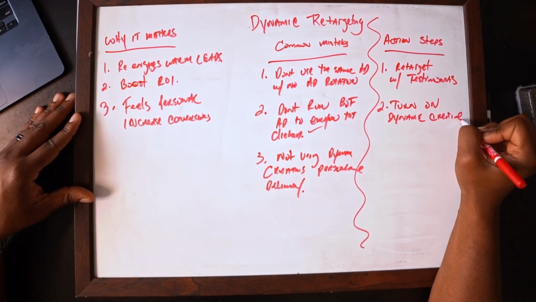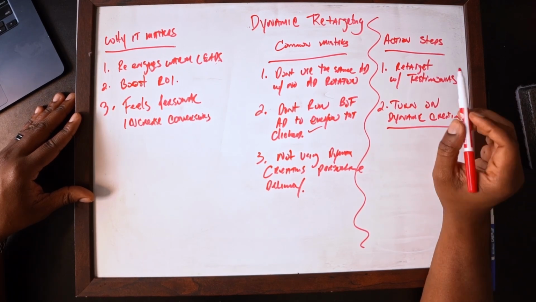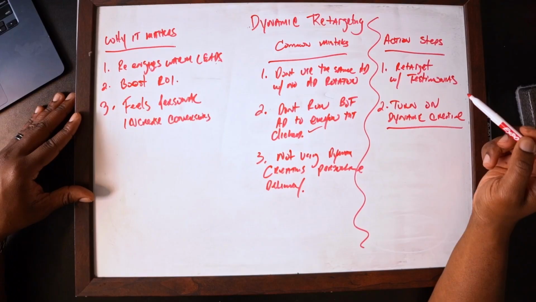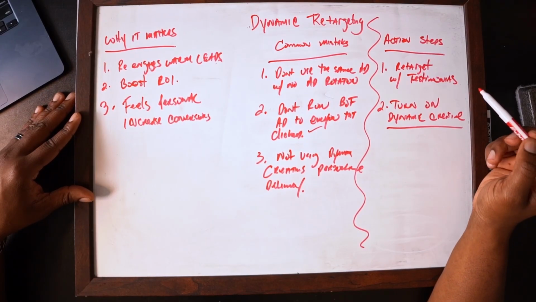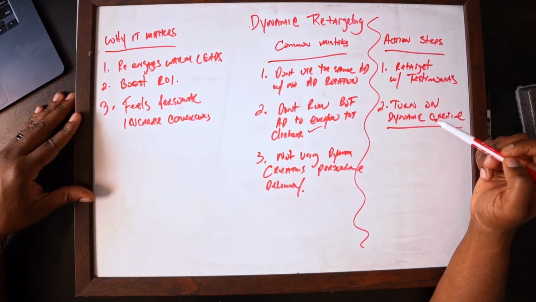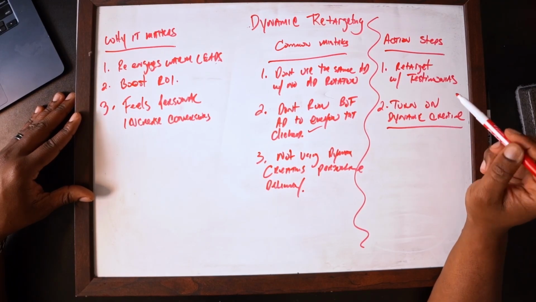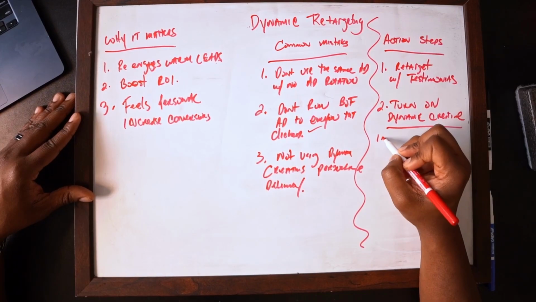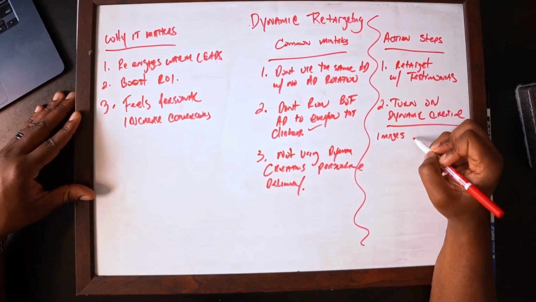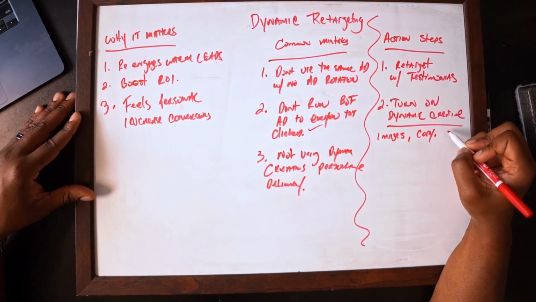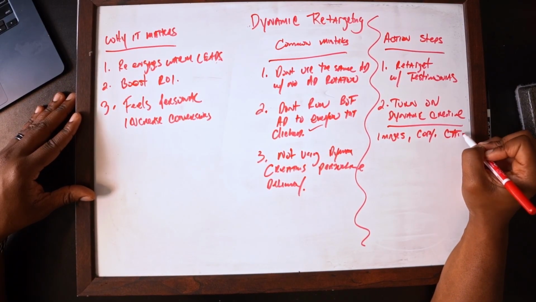Guys, all this means is that it's going to help you with their AI, add different creatives, but also it's going to pull different creatives from your ads manager, from your previous ads. It's going to allow you to add and test different images, different copy, and different call to actions.